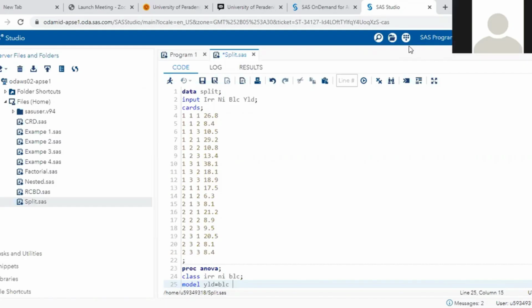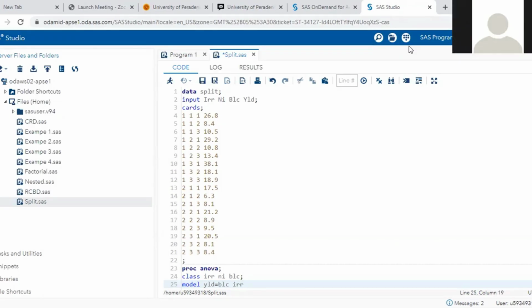Then what factor? Irrigation. Right. Which is the main factor here? Main plot. Oh yes, irrigation. So I will write it as irrigation. Then what is the third one?